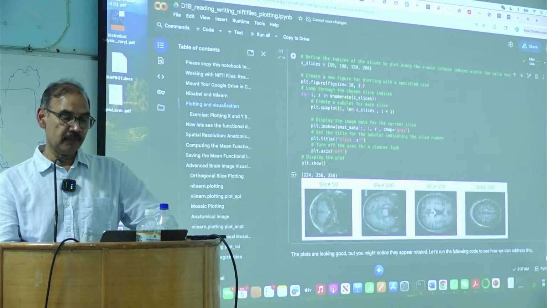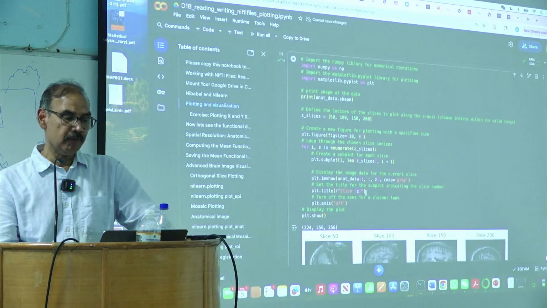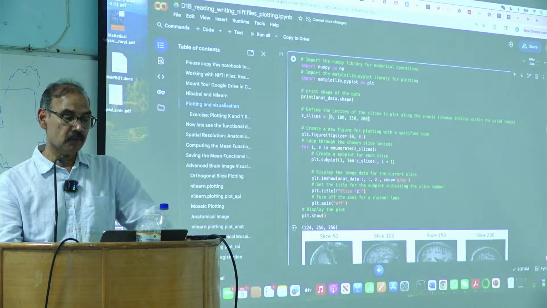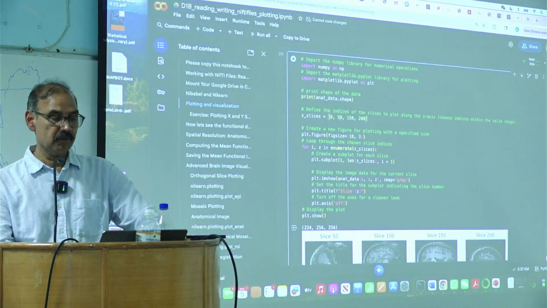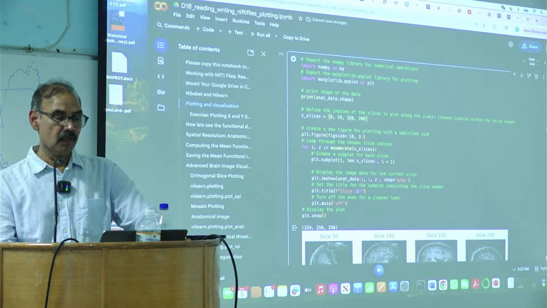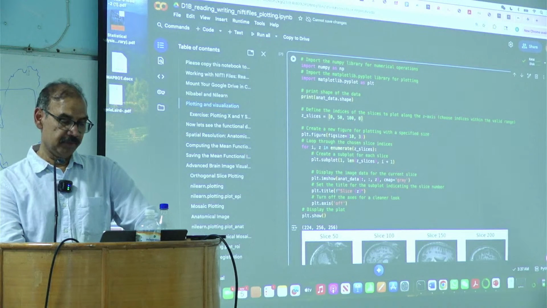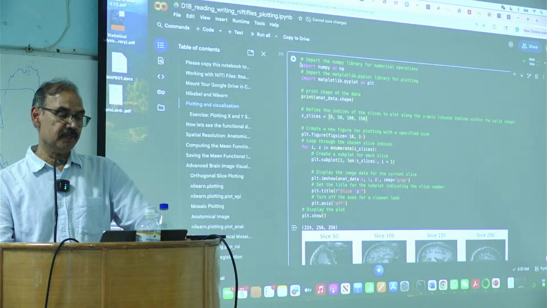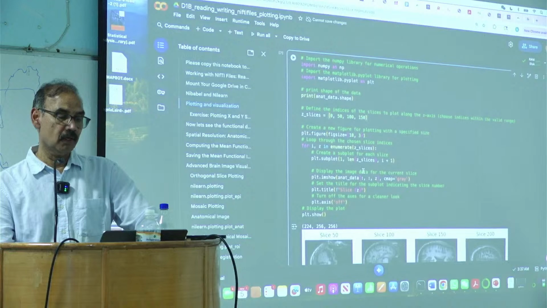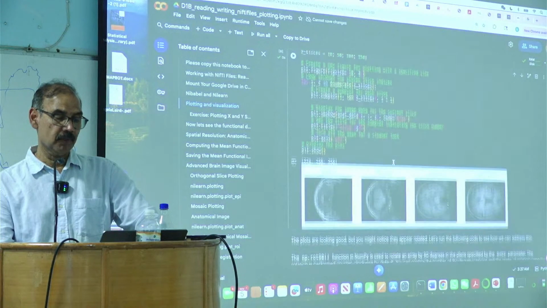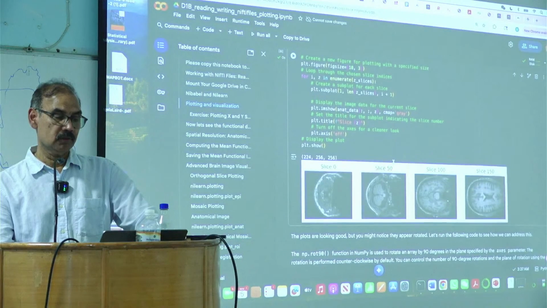Right, and then it displays, if we wanted to do, let's say, slice number 0, 50, 100, and 150, then we just need to run this and it will show, right?